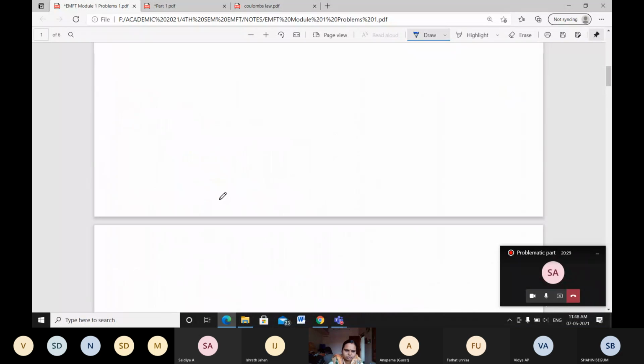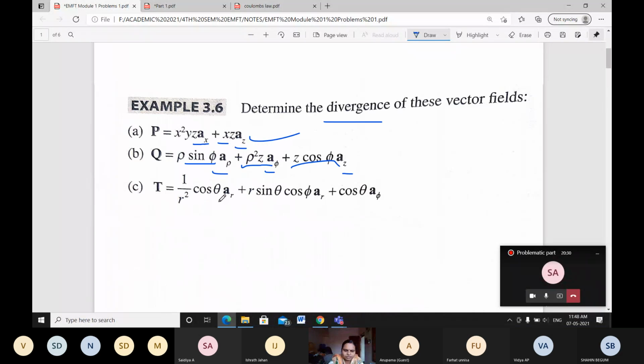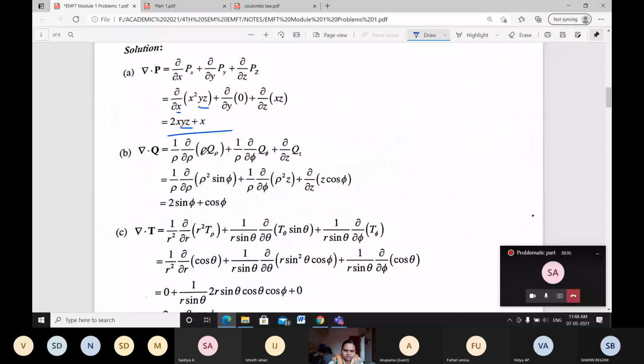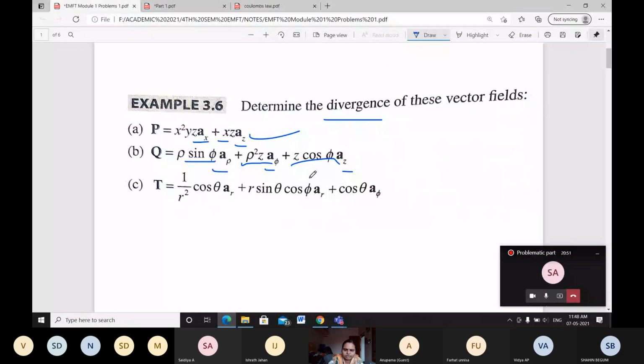Q rho is rho squared sin phi, so rho times rho squared sin phi, then 1 by rho. Then Q phi is rho squared z, and Qz is z cos phi.